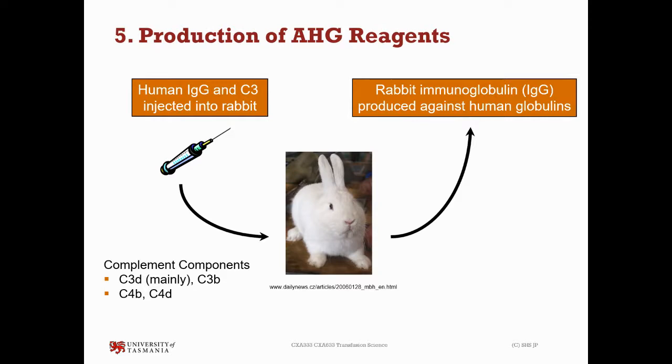That foreign protein is our human IgG or C3D, and this induces an immune response. We then bleed those animals, process and isolate the anti-human globulins. So you can see that we can use either IgG or complement components, and it's usually C3D that we use when we're looking at our complement components.